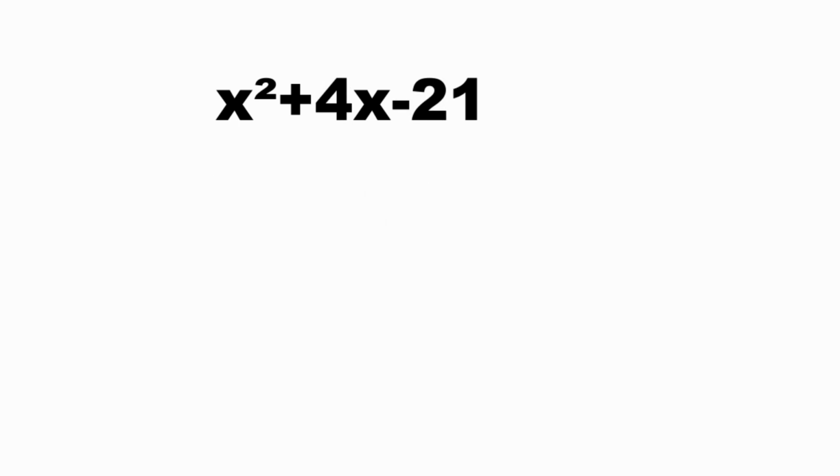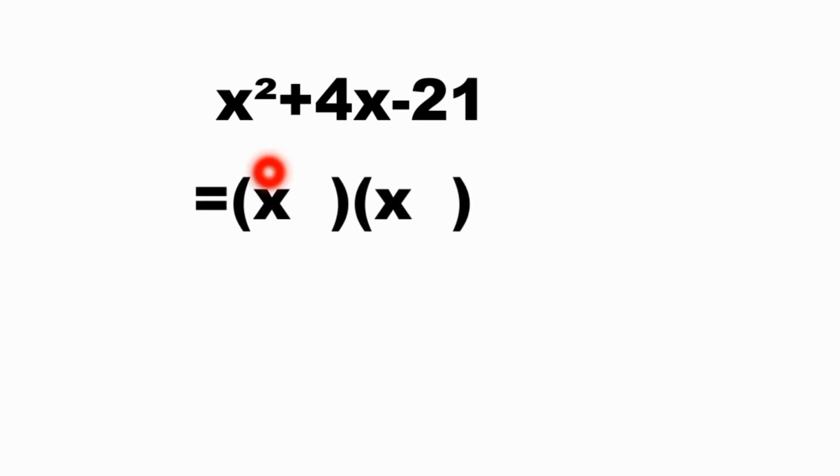Another example is x squared plus 4x minus 21. So this has a coefficient of 1. So we have x times x, and provide the factors for here and here. So we focus on the factors of negative 21.